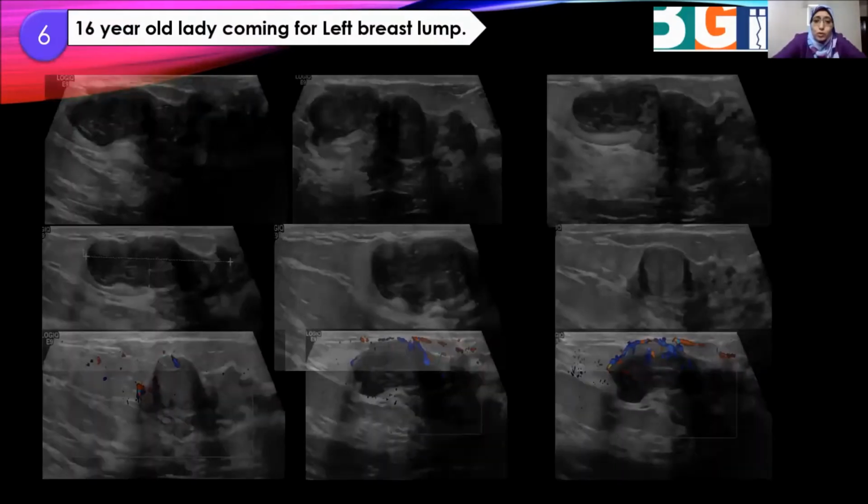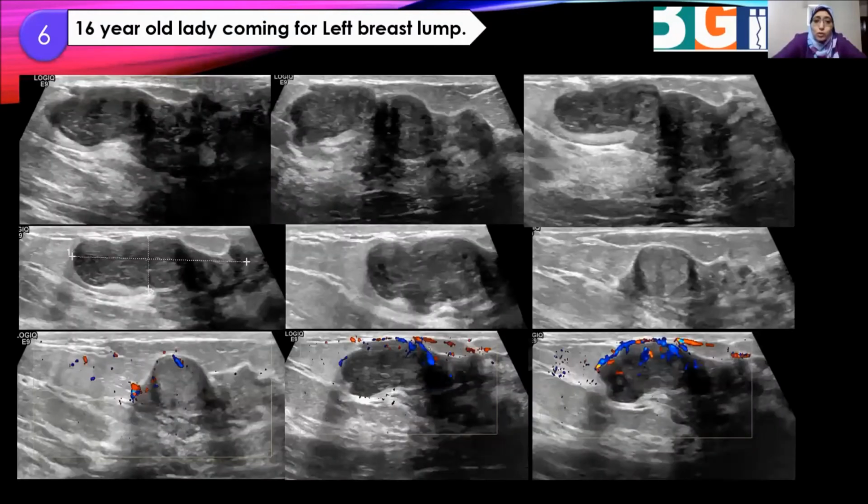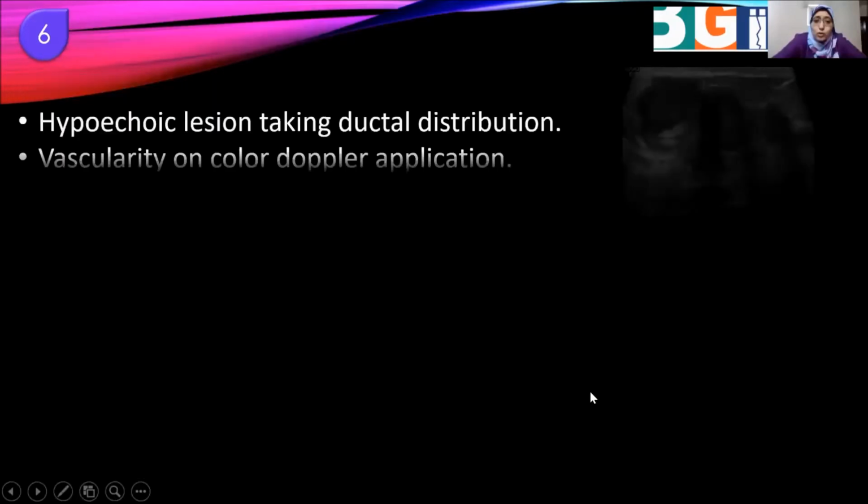This is another lady, 16 years old, coming for an ultrasound with a left breast lump. Ultrasound examination of the lump showed a large hypoechoic lesion of heterogeneous echogenicity. It takes a more or less ductal distribution. Some areas of the lesion are more echogenic, and it was highly vascular on the color Doppler.